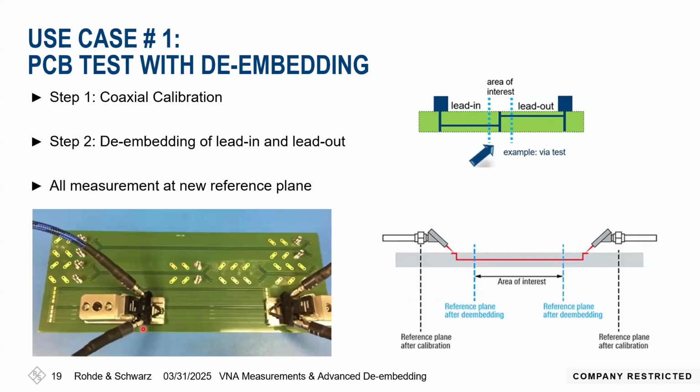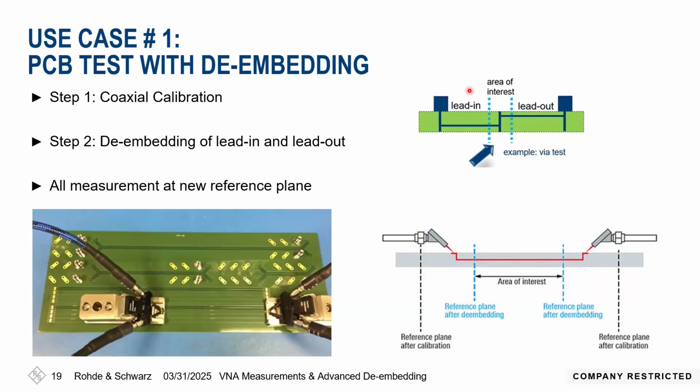So the one could be the PCB. We have a device under test on the PCB board, and there are no coaxial connectors on the PCB. So the probing is done on the PCB. Usually, our reference plane is at the end of the cables, and we need to measure the device under test over here.